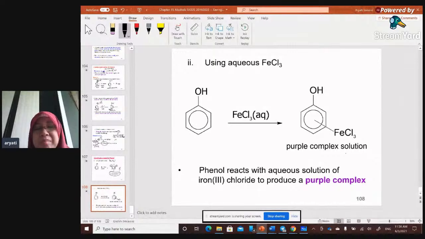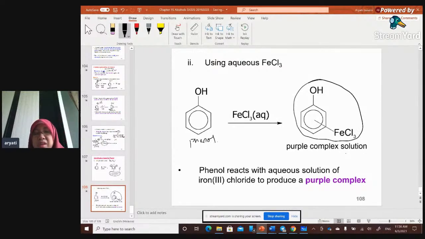So this happens only for phenol. So when phenol reacted with FeCl3 aqueous, it will produce purple complex, and this is the structure of the compound. So phenol reacts with aqueous solution of iron chloride to produce purple complex.